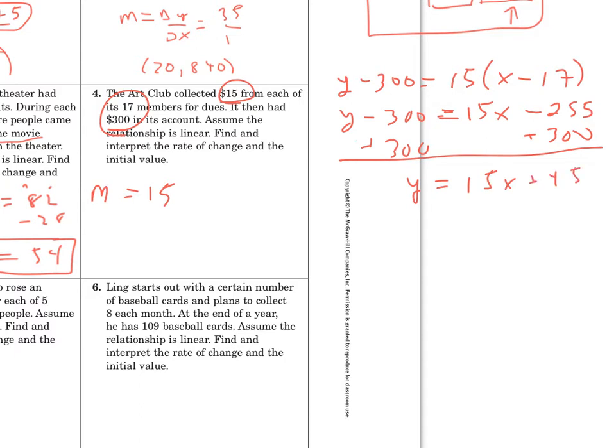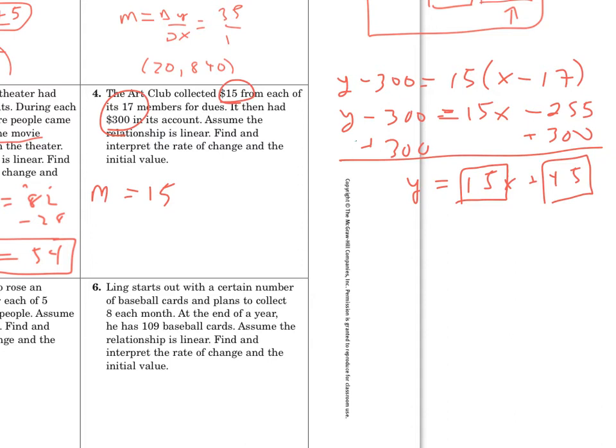It says find and interpret the rate of change and the initial value, which is the question in problem number 4. The $15 is how much each member is paying as dues, and the $45 is the initial starting value.